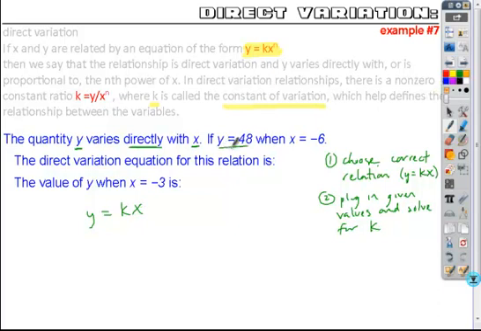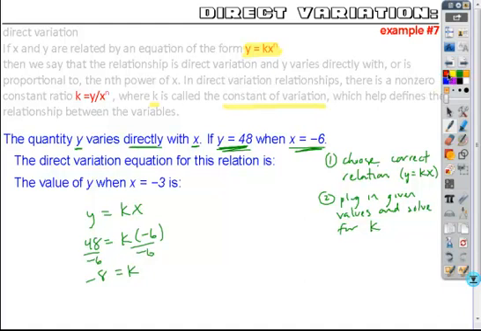I'm going to plug in a 48 for y and a -6 for x, and solve for k. If I divide both sides by -6, I get k equal to 48 divided by -6, which gives me -8. And so there's my k value.